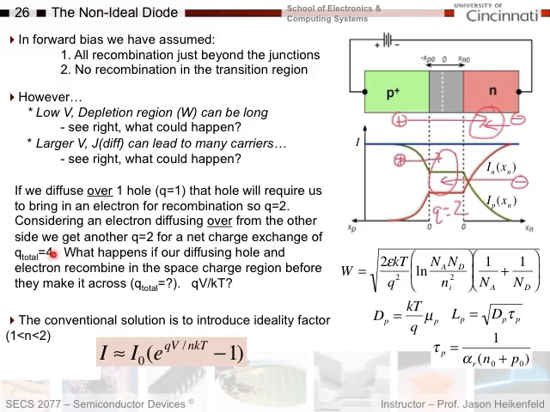And so how you account for this is that you take the diode equation and you have qV over kT and you introduce this ideality factor n, which ranges between 1 and 2. And so if you're in a region of bias where there's no recombination in the depletion region, then n equals 1, and I just have qV over kT.